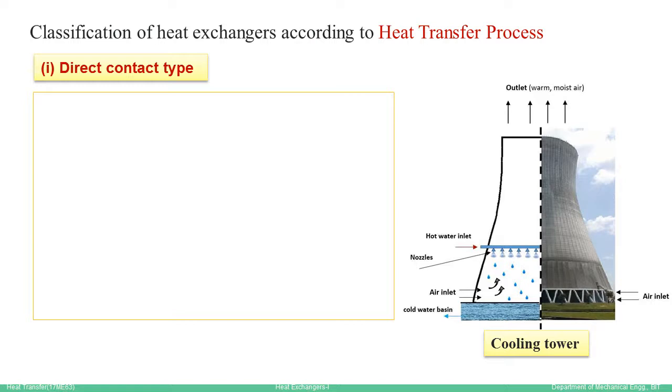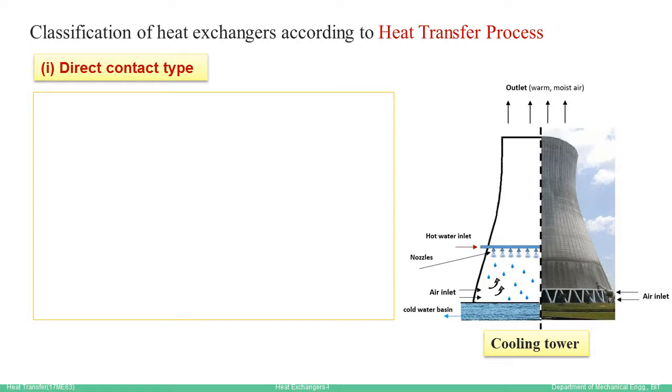What we can see from the left hand side is that the hot water which is to be cooled is sprayed down through different nozzles, and when the water is falling down, there is a passage for allowing air through the cooling tower, and this cool air, either using a fan, induced draft or forced draft, will take away the heat from the hot water, and as the air comes out of the cooling tower, it will be warm and moist, and the condensed water molecules will settle down in the water basin or water tanks.